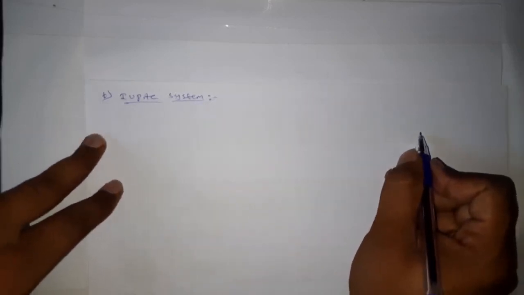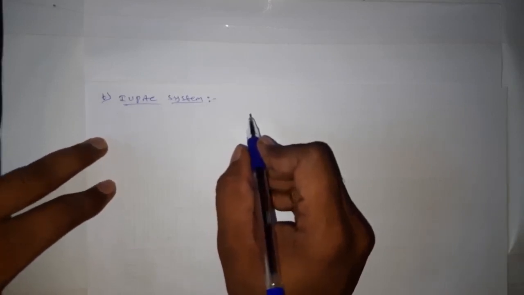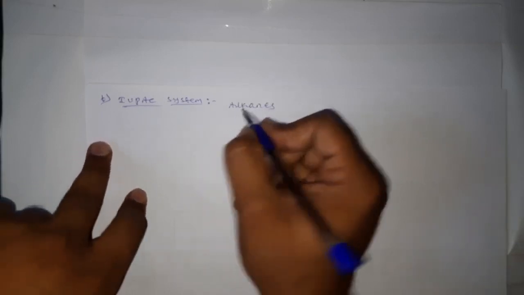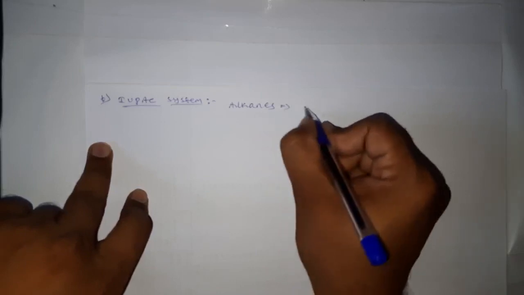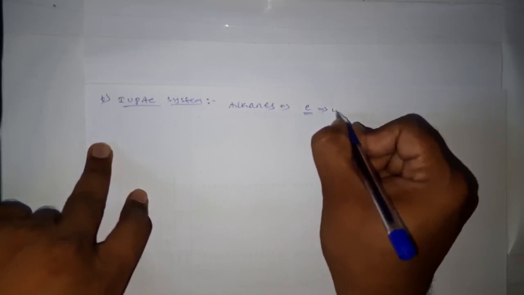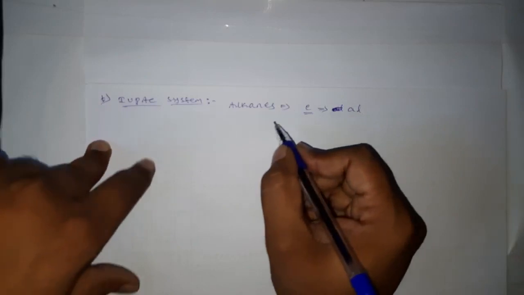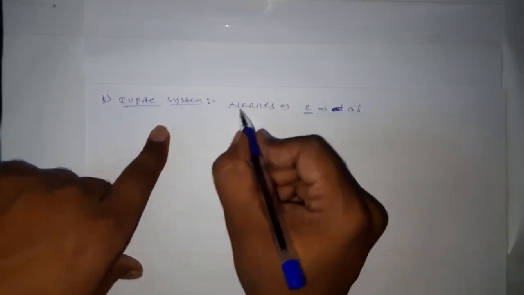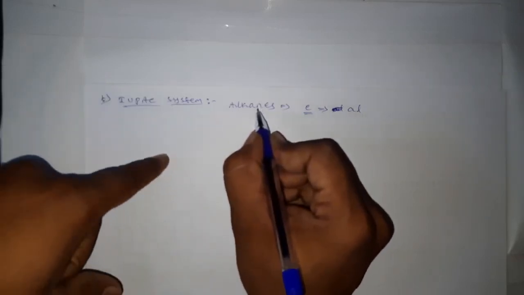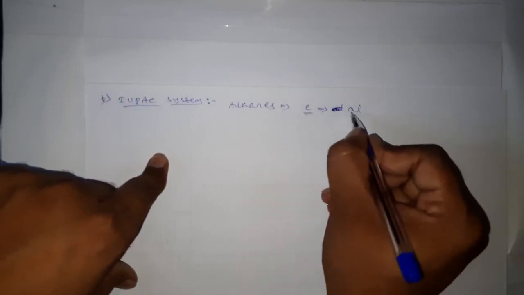The IUPAC names of aldehydes are derived from the names of the corresponding alkanes from which the aldehydes are derived, and here we replace the E of an alkane with Al.